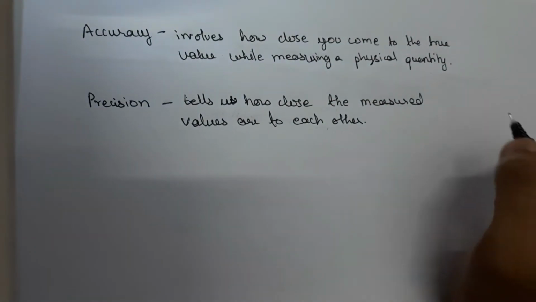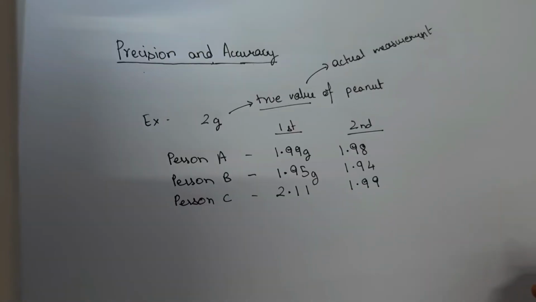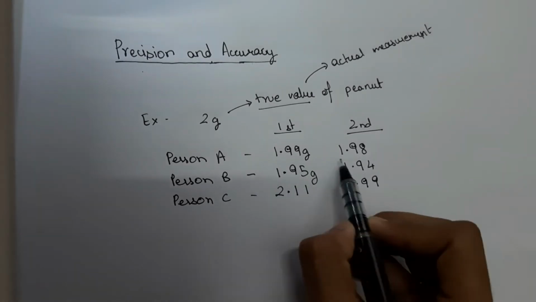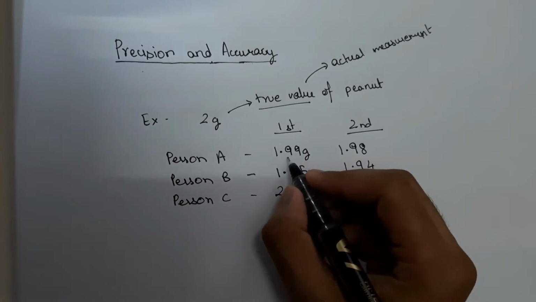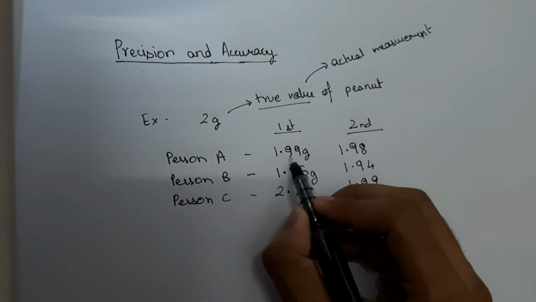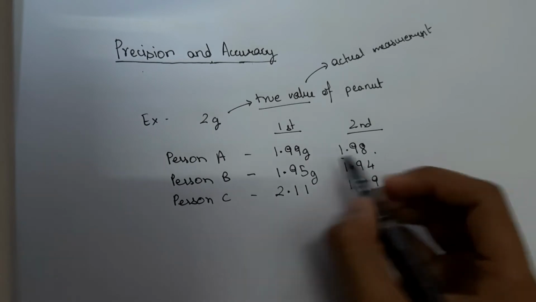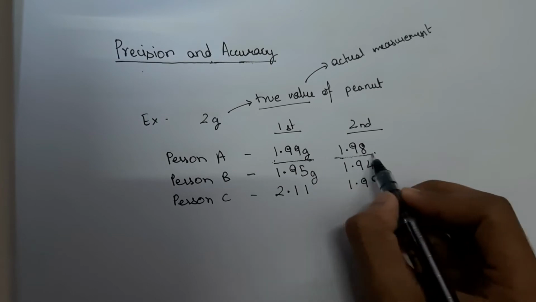So note these definitions down, and then let's go back to the example we started with. Now over here, let's take the case of person A. Person A's measured values are 1.99 and 1.98. Both of these values are very close to each other.